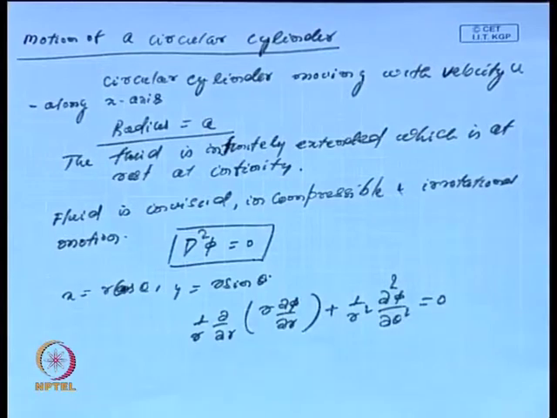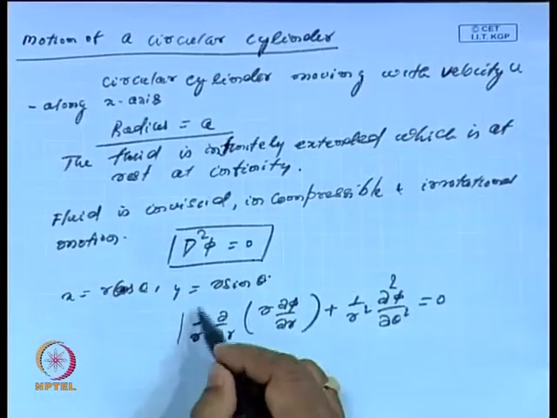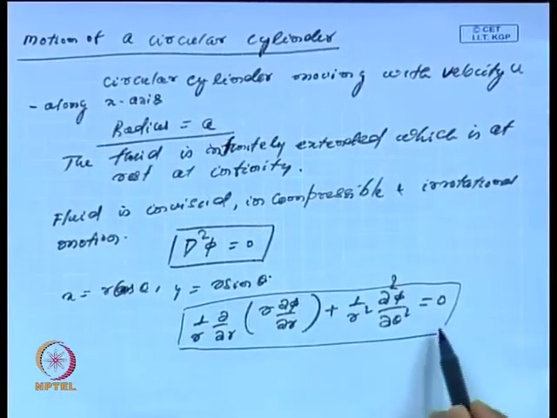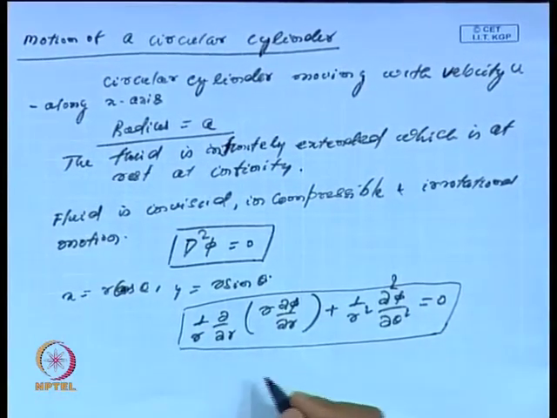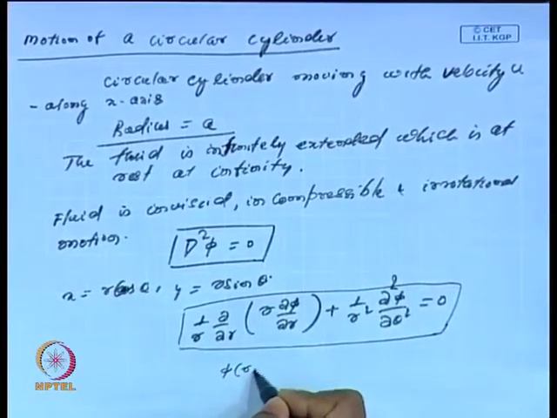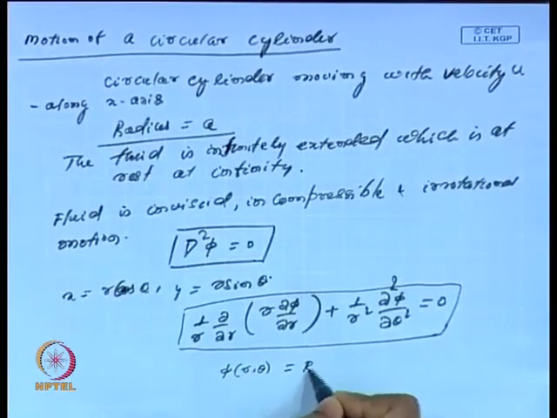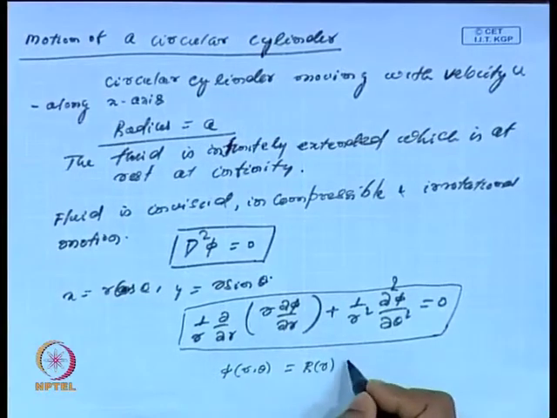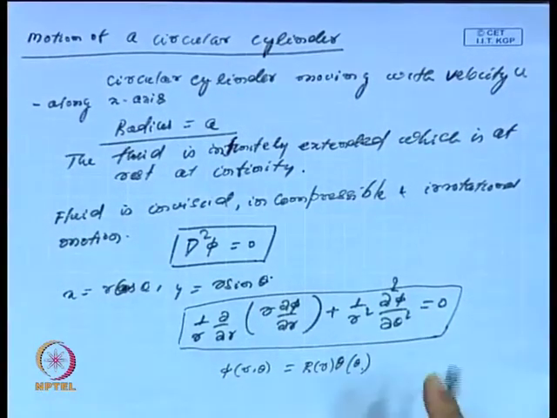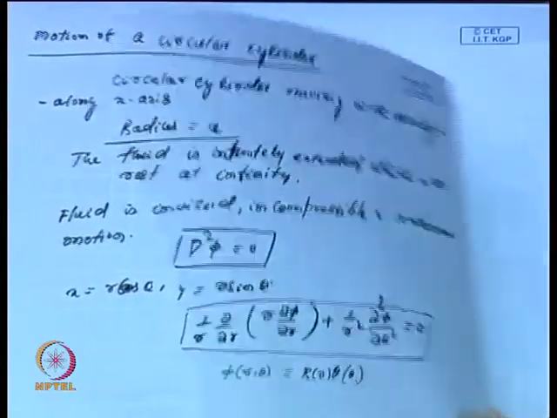So, as a result, because I want to solve this equation, my simple approach is, suppose I take phi of r, theta is R of r into capital Theta of theta. If I do this, then I can easily get it.